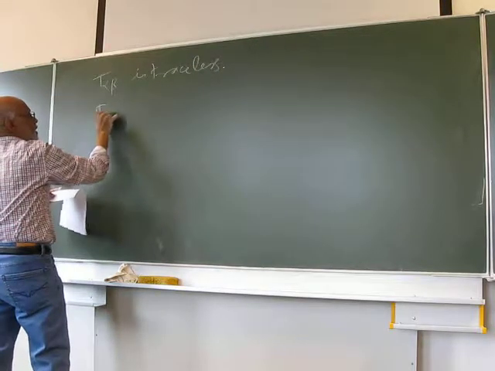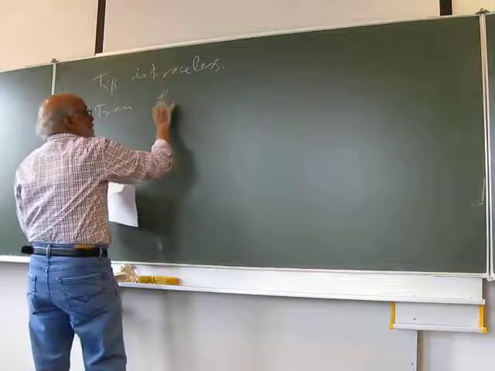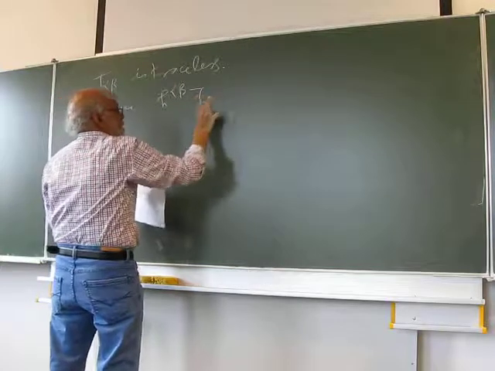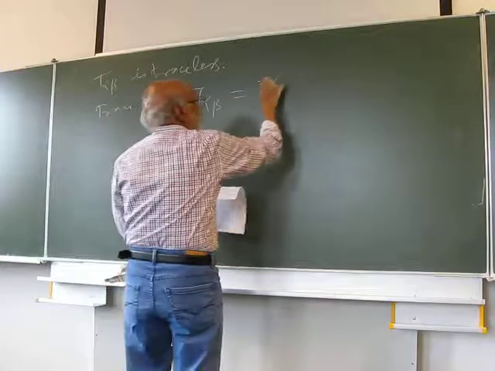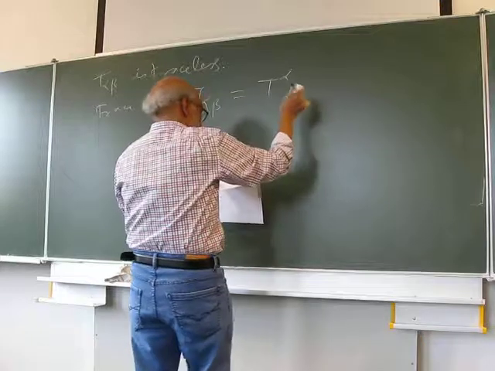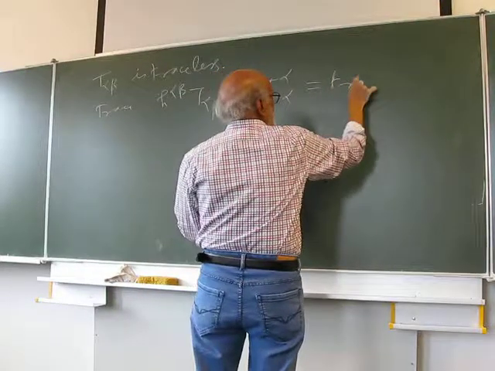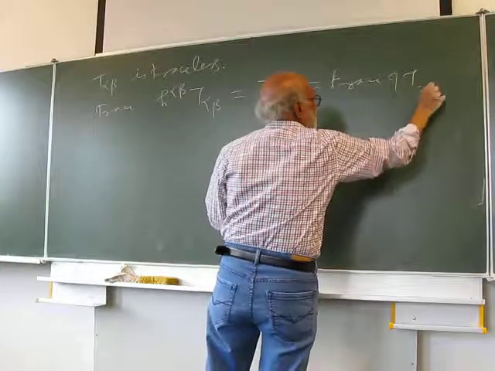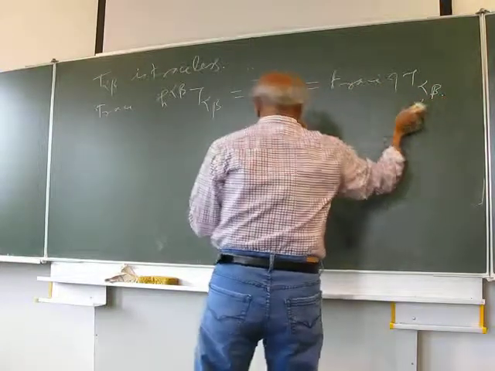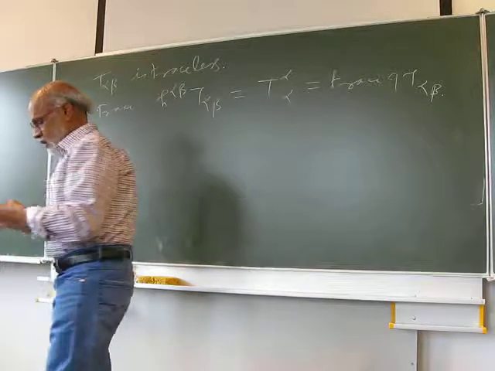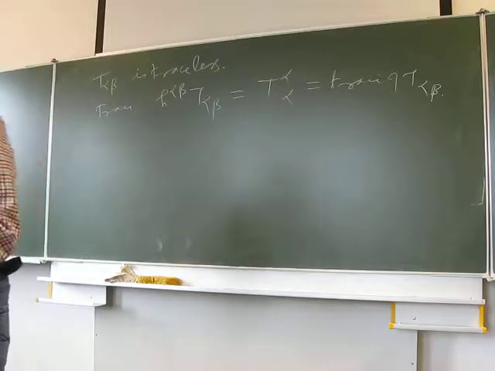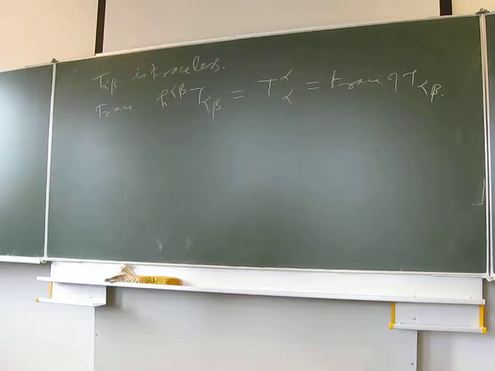Trace, this would be H alpha beta, T alpha beta, this would be T alpha alpha, and this is the trace of T alpha beta, and this could be proved to be equal to 0.